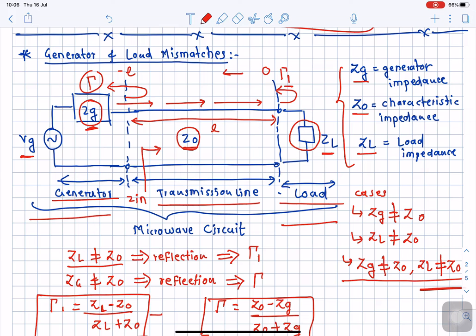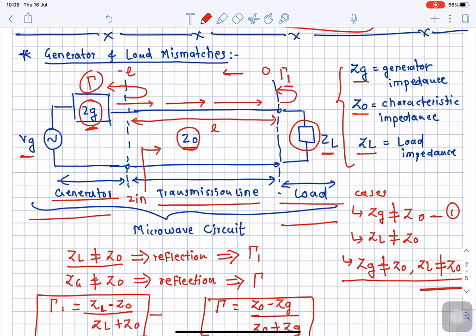So here the actual impedances are three different impedances: the load impedance, the generator impedance, and the characteristic impedance of the transmission line itself. Okay, so there could be three distinct cases. The first case is the generator impedance Zg is not equal to the characteristic impedance of the transmission line. Whenever there is a mismatch in the impedance, reflection tends to happen.